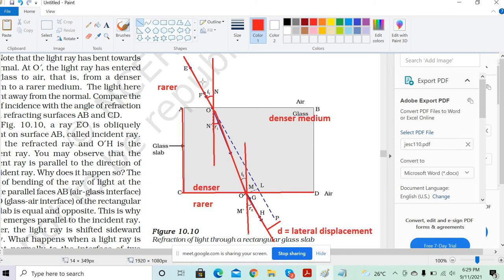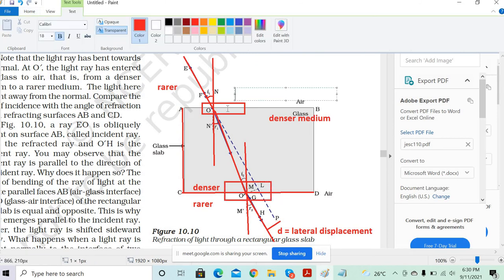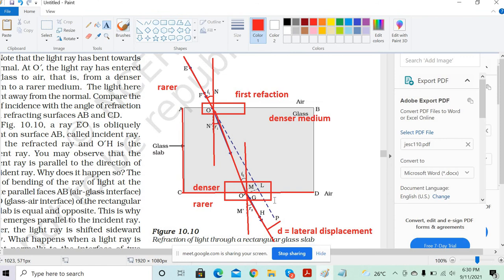So when you trace it back, it will come on the same path only. Understood? So two refractions are happening. One refraction is happening at this surface, and the second refraction is happening at this surface. This is the first refraction, and this is the second refraction.